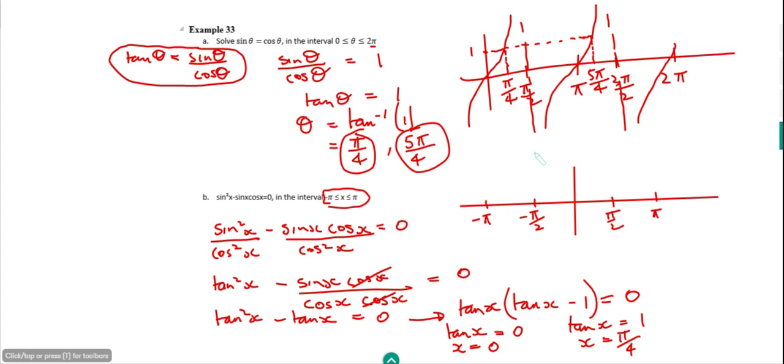And we've got the asymptotes again, this time at minus pi by 2 and also at plus pi by 2. So we can start to draw the tan graph. It's going to go like that between the two asymptotes. And then on this side, it's going up to 0 at pi. And on this side, it starts at minus pi, goes up towards the asymptote. So that's the graph of tan in that range.